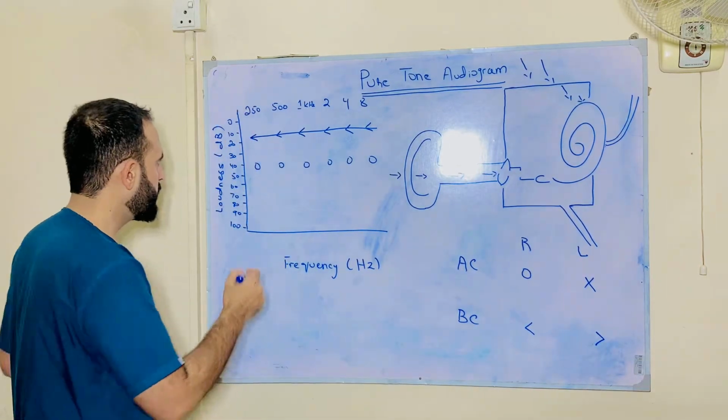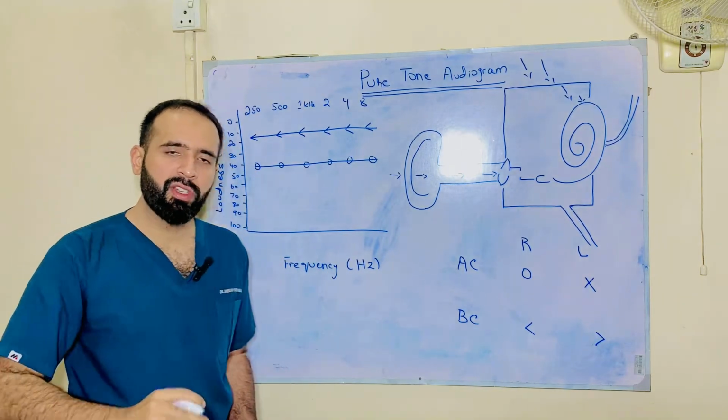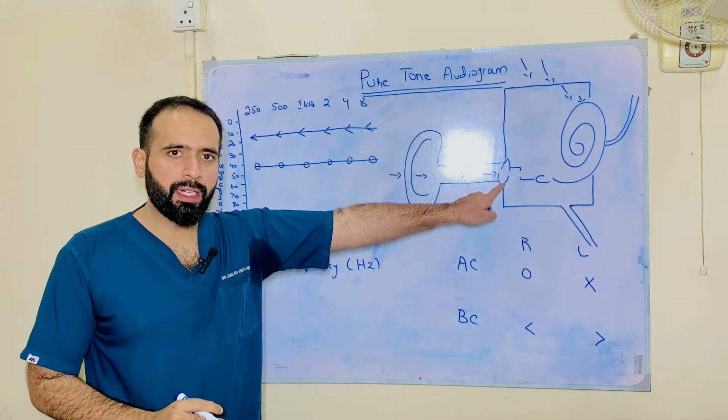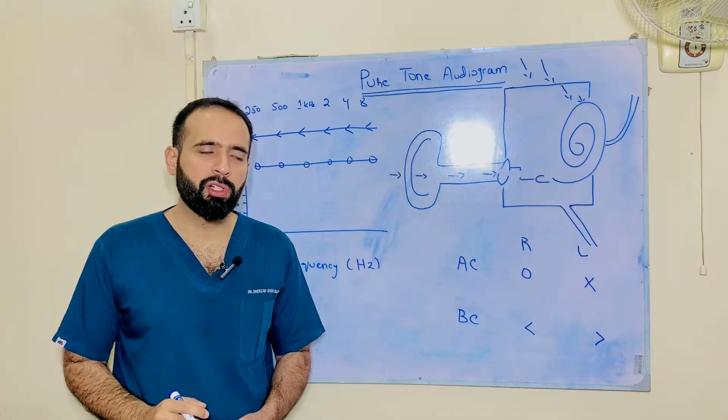So now you can see that the air conductive pathway has dropped significantly below the bone conductive pathway because there was either a hole in the tympanic membrane, or the ossicles got dislocated, or any of the other middle ear pathologies.